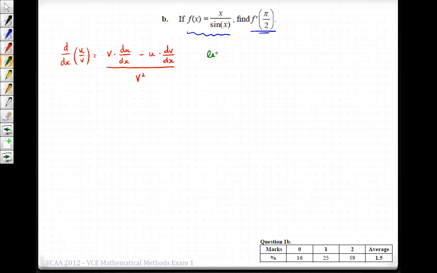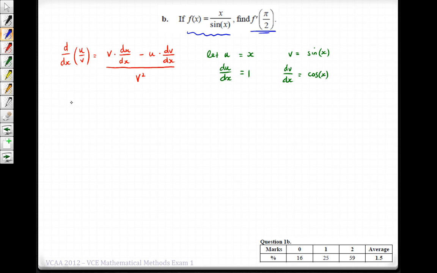We'll let u be the top function, so that's x. Therefore our du/dx is just 1, and v is going to be sine x, and dv/dx equals, on our formula sheet again we can see d/dx of sine x goes to cos x, and now we just substitute them all into here.